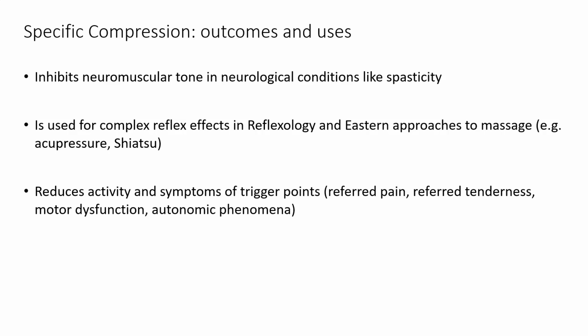These specific compressions can inhibit what's called neuromuscular tone in neurological conditions like spasticity. So for example, say you have cerebral palsy, where there's been significant damage done to the motor centers of the brain, and the patient has what's called flexure spasticity, where the arm and the hand are curled in, or the foot is in plantar flexion.